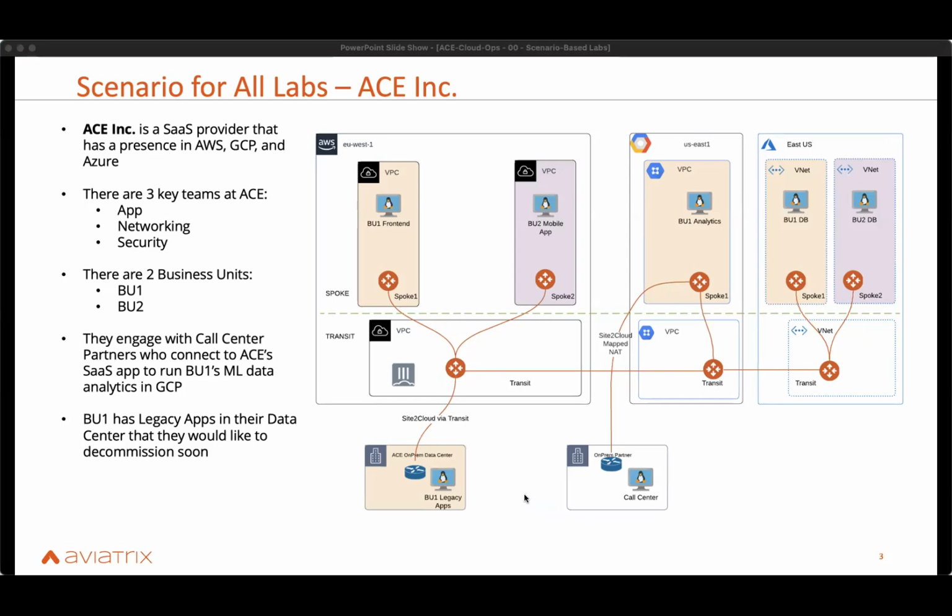Okay, so now that we've explained a bit on the scenario, in a nutshell, we have two business units, and there are some external connectivities, one to the call center from GCP and one to some legacy applications that live in the data center.